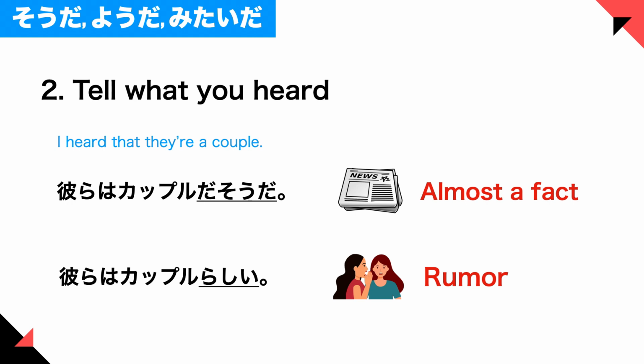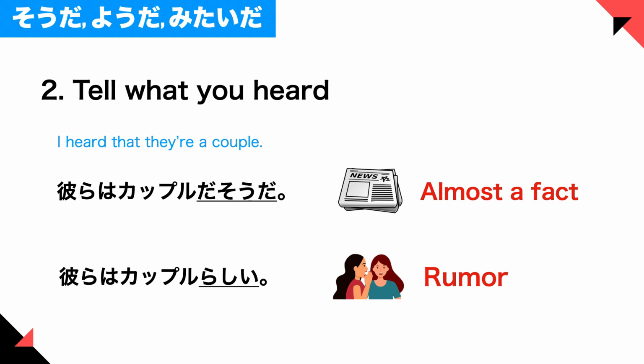Right, let's look at the second meaning. Tell what you heard. So, this is just telling other people what you heard. For example, I heard that they are a couple. 彼らはカップルだそうだ。Or you can say 彼らはカップルらしい。So what's the difference?